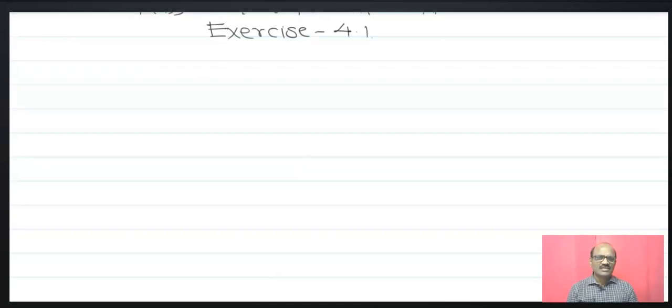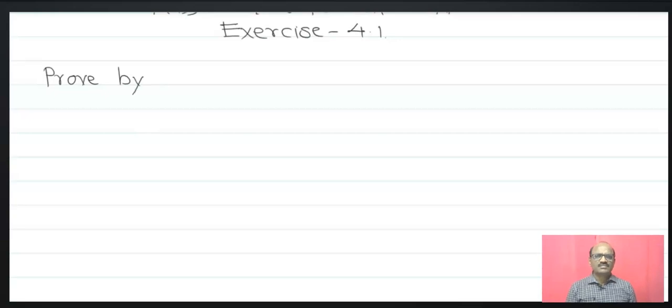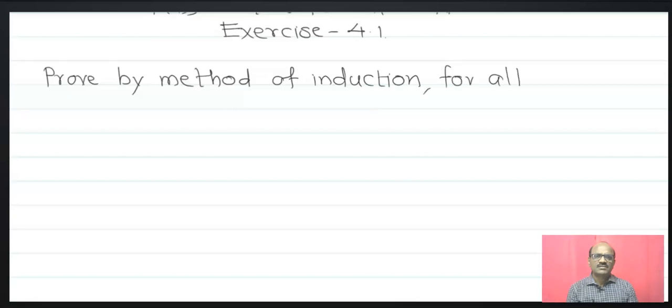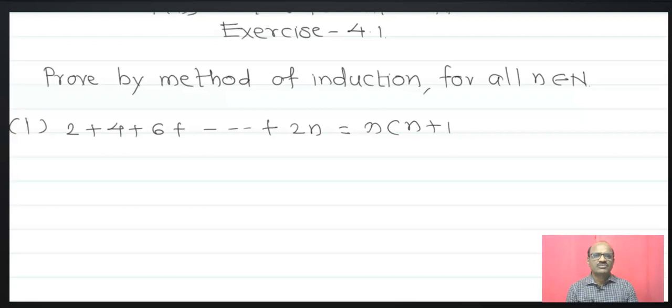Now we will start the exercise 4.1. Prove by the method of induction, for n belongs to capital N, 2 plus 4 plus 6 plus dash dash plus 2n is equals to n in bracket n plus 1.